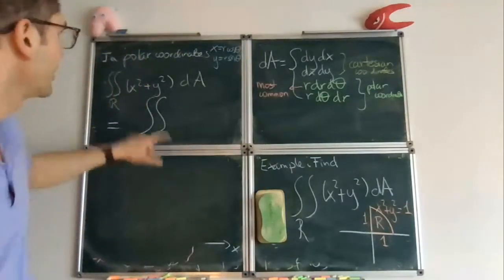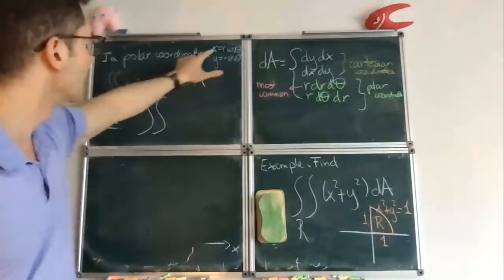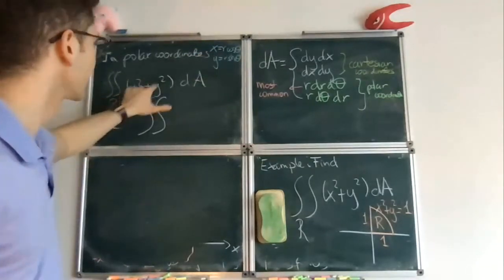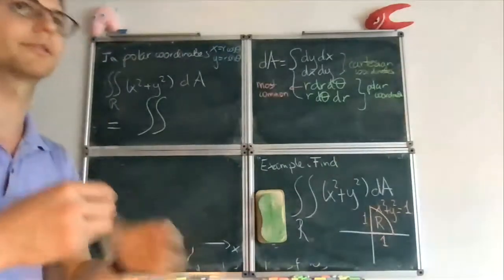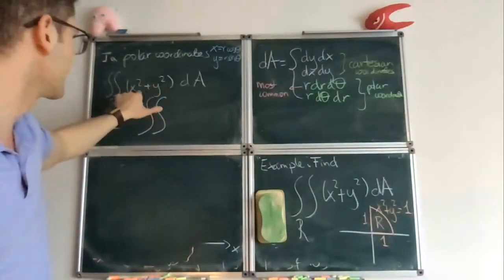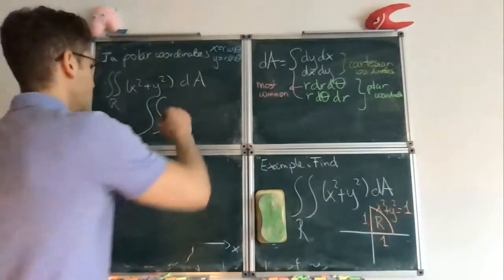So for example, here you would replace x squared with r squared cosine squared and y squared with r squared sine squared. So when you add them together, you get cosine squared plus sine squared, which is 1. And so you just get that this x squared plus y squared becomes r squared.